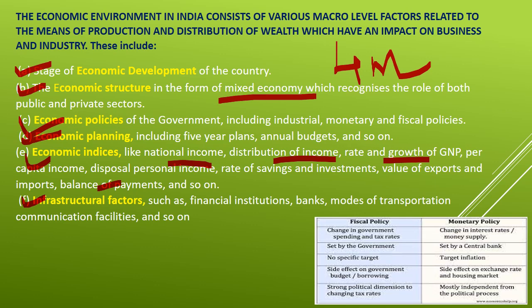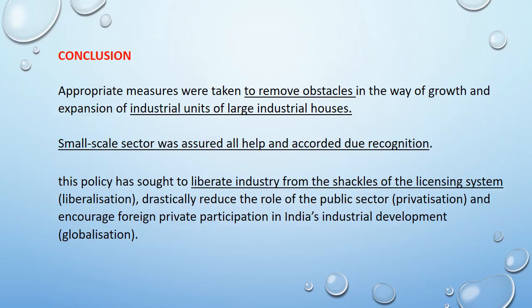So the next topic that we are going to be learning, yeah, this is the conclusion. Okay, in case you have any doubts, you don't know what you can write as a conclusion, you can write this. To remove various obstacles in your public sector and industrial sector, there was a lot of importance that they decided to give to the small scale industries or your private sector, and this opened the gates to three things.